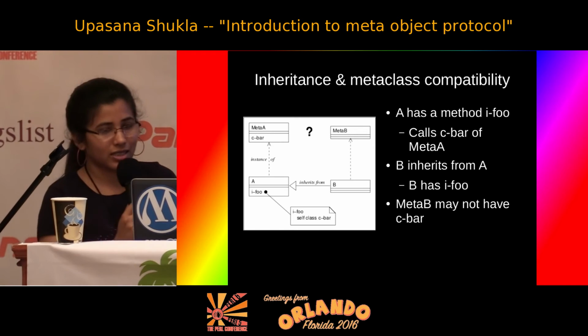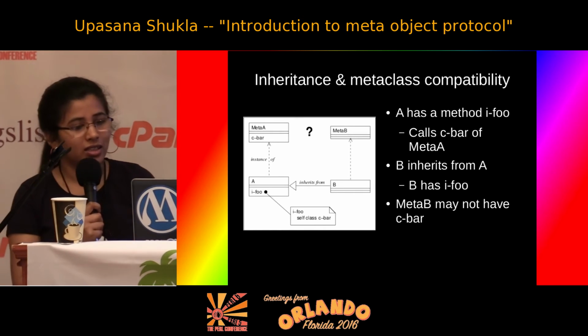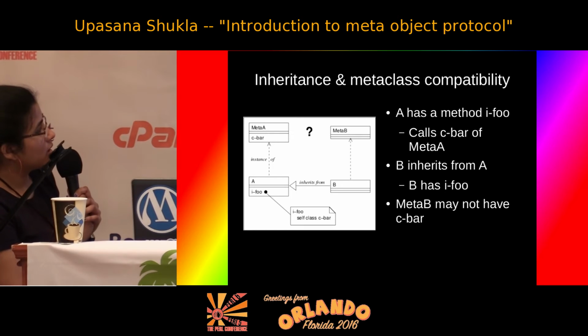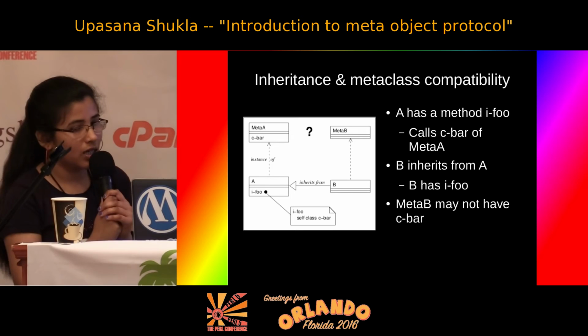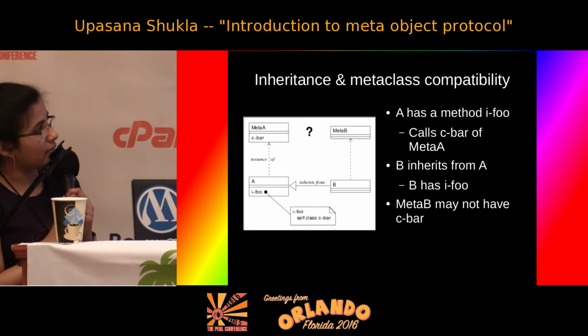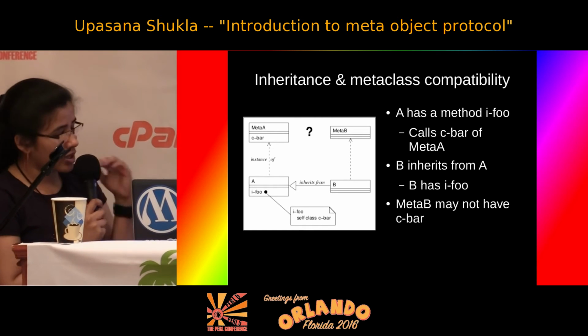Now, let's discuss inheritance and a problem which comes with the MOP. Here I have a class A, which has a method ifoo, and the metaclass of A is meta A, which has a method cbar.